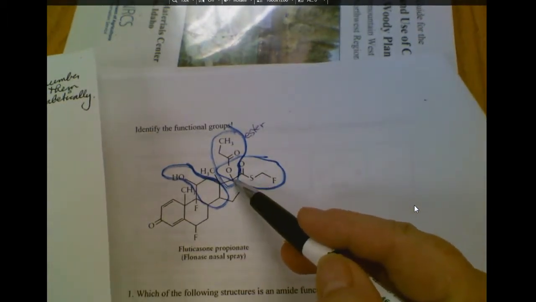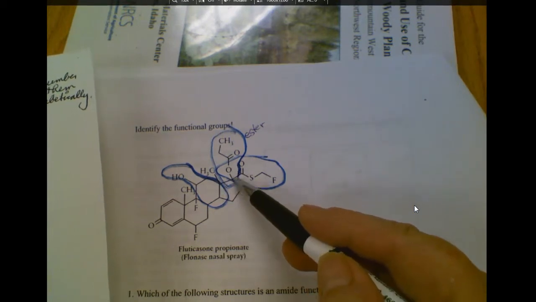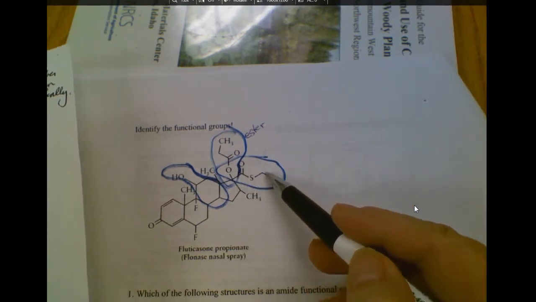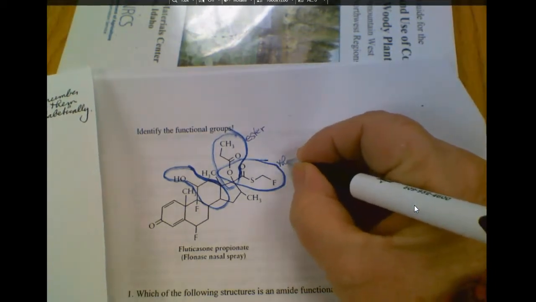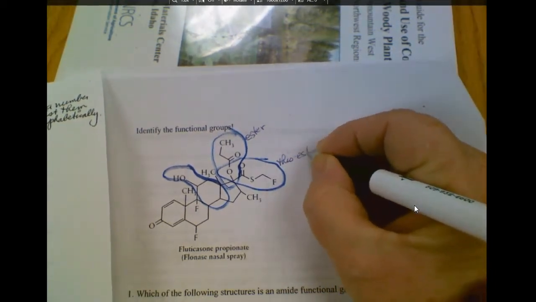Okay, you'll see I have the same thing here with a C double bond O, C, O, and in a group, and I've got a sulfur and a fluorine. So this one is still an ester, but because it has sulfur in it, it's a thioester.